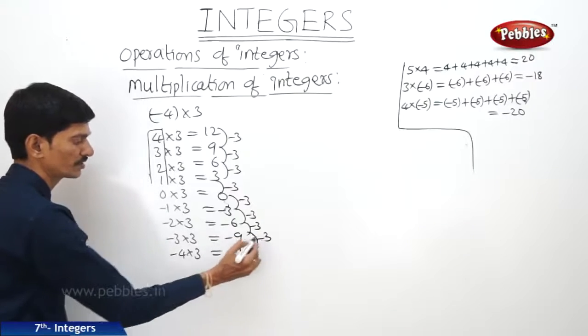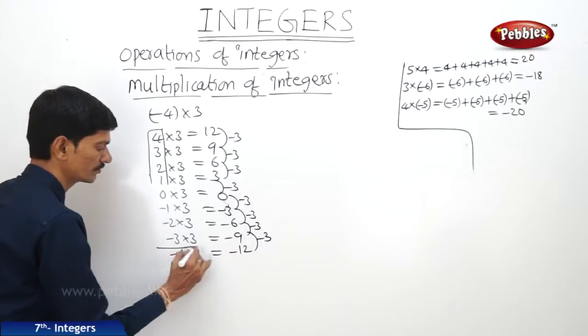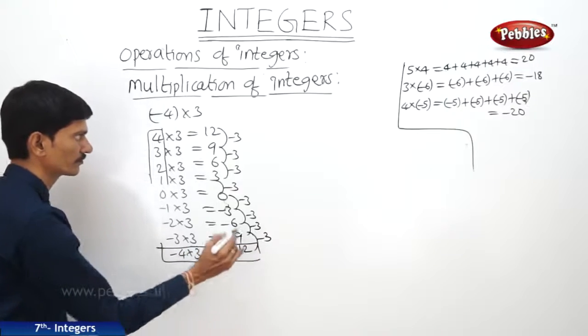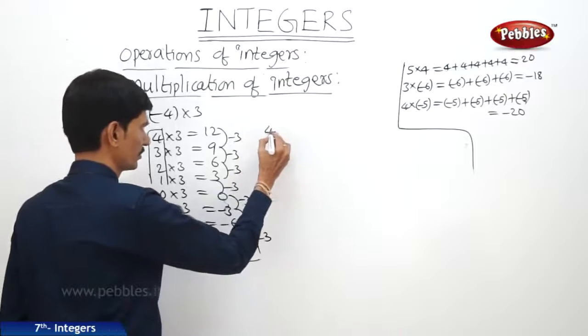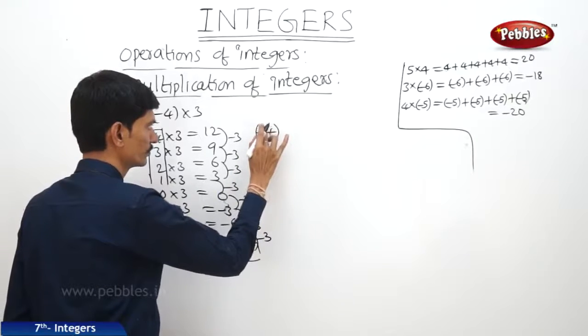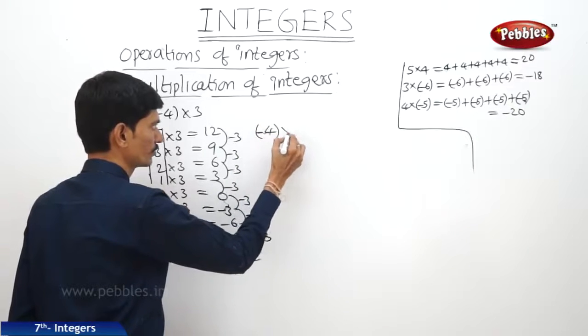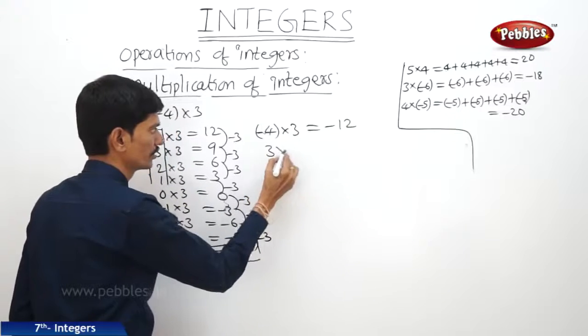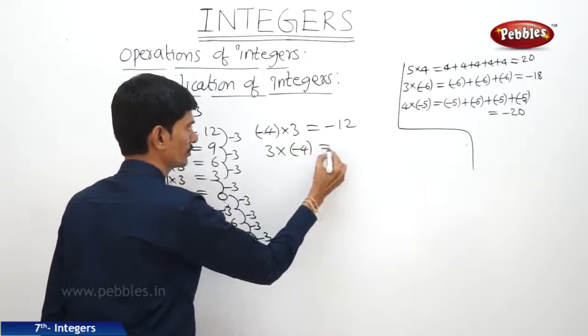So minus 9 minus 3 is minus 12. So minus 4 into 3 equals minus 12, and even 3 into minus 4 equals minus 12.